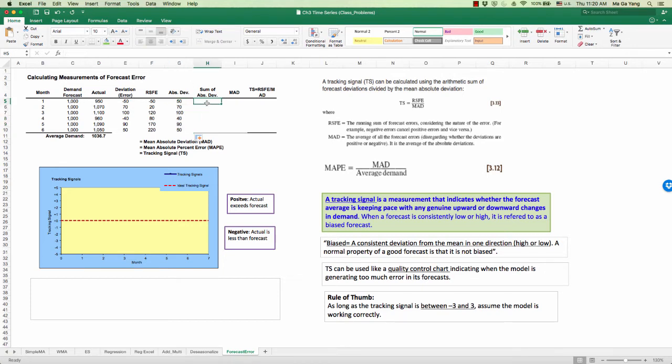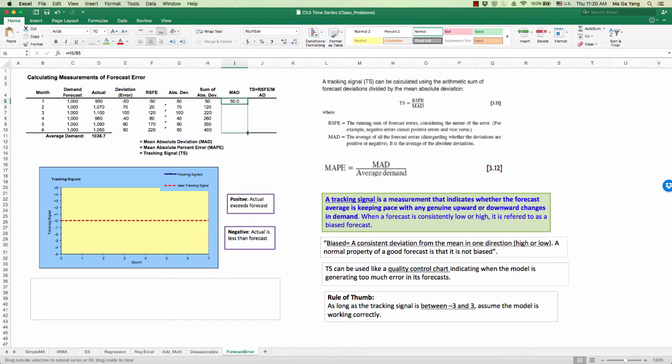Then same thing, you can use the sum of absolute deviation. Then you use the mean absolute deviation. The mean absolute deviation is the sum of absolute deviation divided by your time variable. Okay?